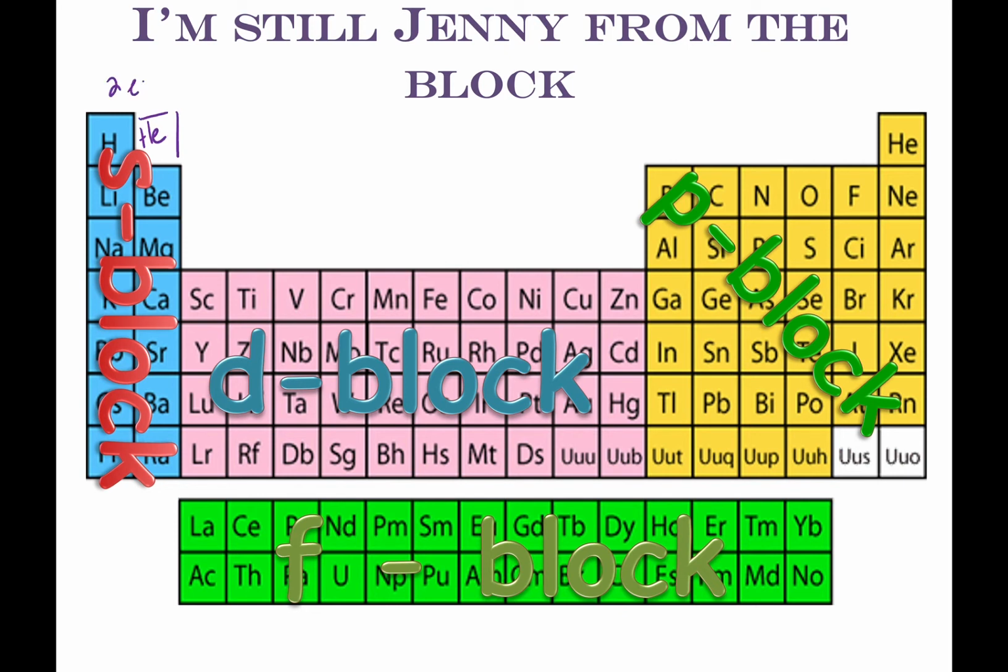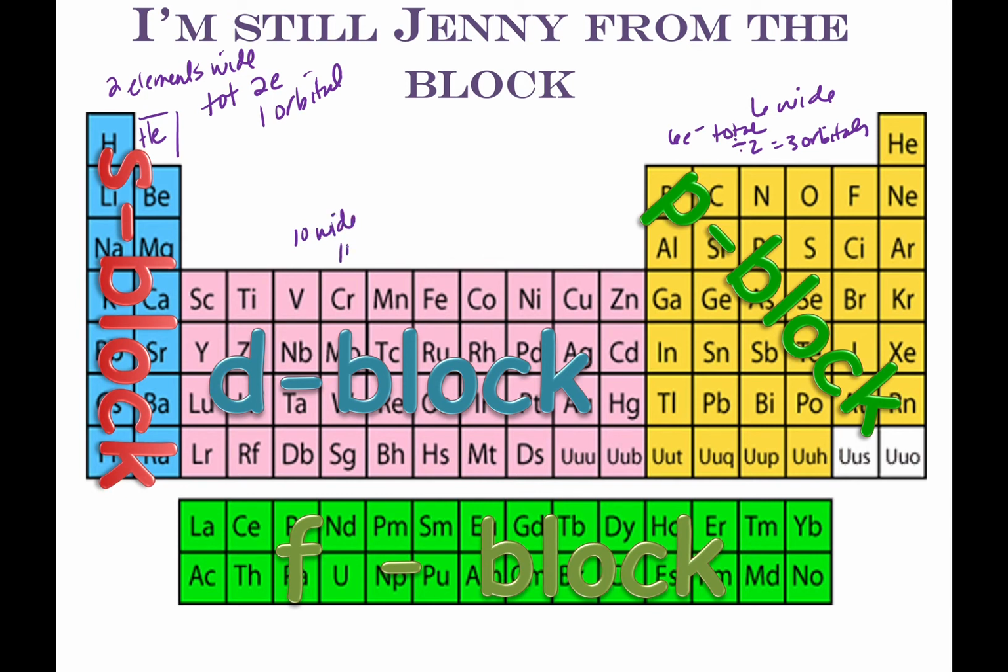This is 2 elements wide, meaning it can have a total of 2 electrons in 1 orbital. 6 wide means 6 electrons total divided by 2 equals 3 orbitals. 10 wide means 10 electrons divided by 2 equals 5 orbitals. And this is 14 wide, divided by 2 is 7 orbitals.